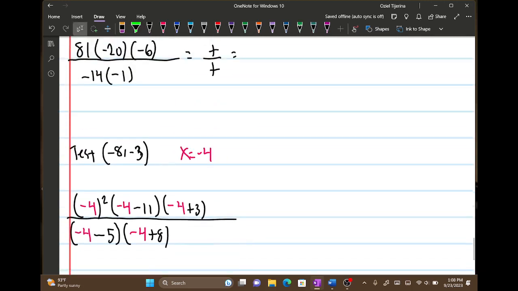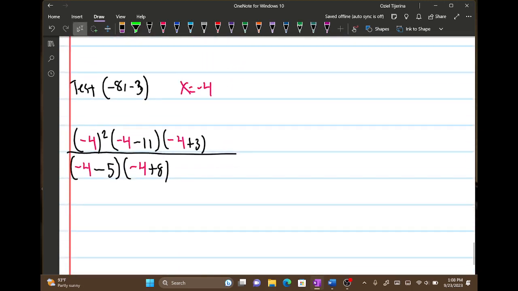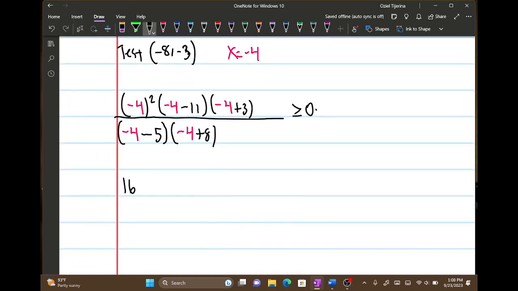Now, again, we're testing to see if this is greater than or equal to 0. So if we do this, we get 16 times -4 minus 11, so that's going to be about -15, times -1, over -9 times 4.